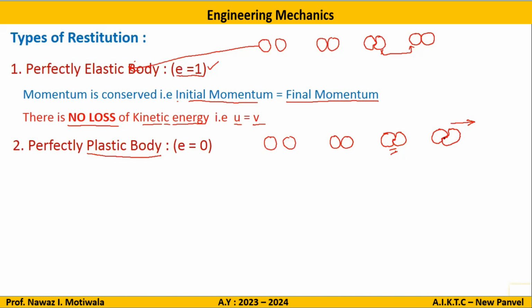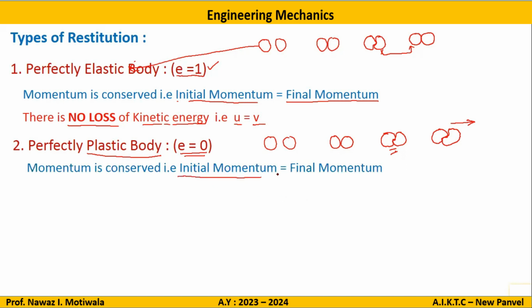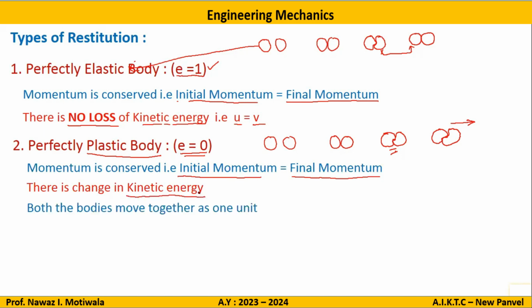This type of impact, wherein the bodies cannot regain the original shape and size and move together as a single unit, is known as a perfectly plastic body, where the coefficient of restitution is e = 0. Momentum is conserved, that is, initial momentum equals final momentum, but there will be a change in kinetic energy. And third, the bodies move together as one single unit.